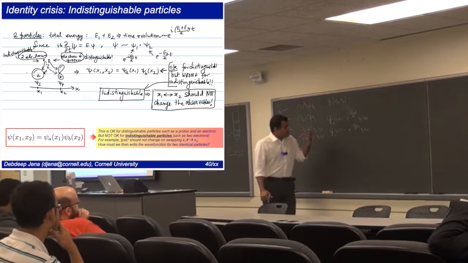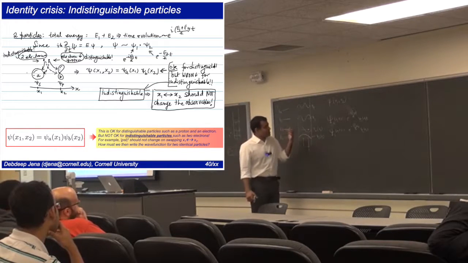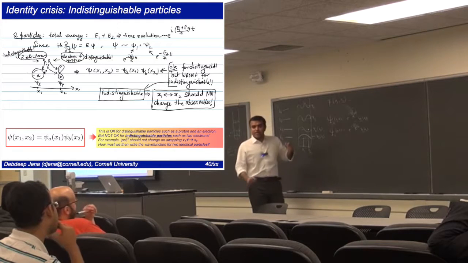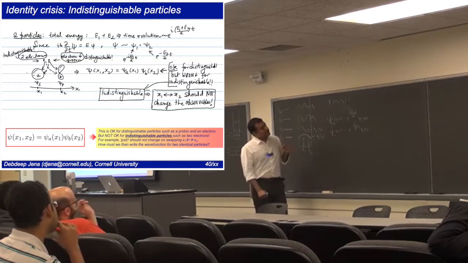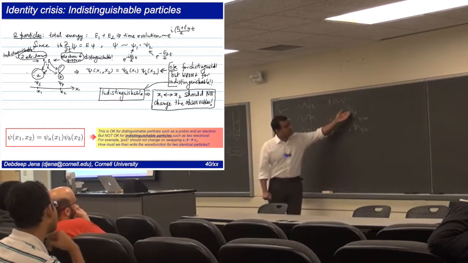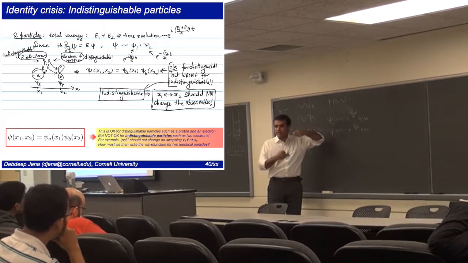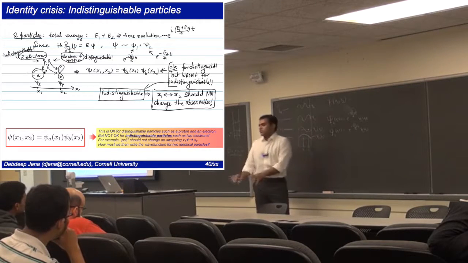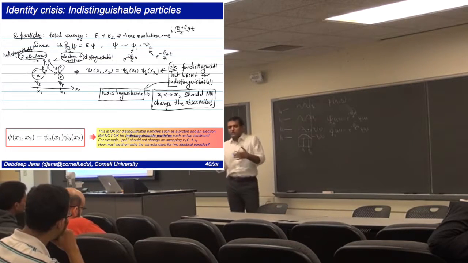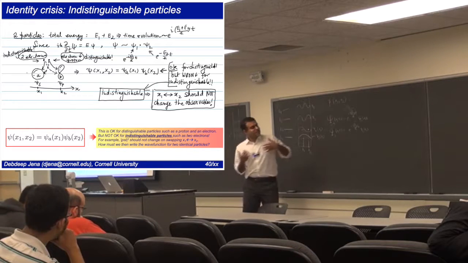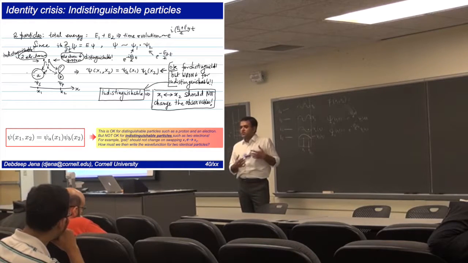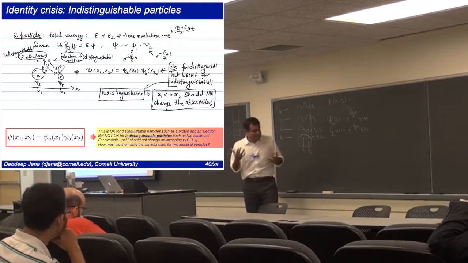You can see that there are some issues in this process, because what if they're interacting particles? What if they have very strong interaction, and because of the interactions the total energy is E1 plus E2 plus something, or minus something if it's an attractive rather than repulsive interaction? Let's keep that complication for a little later. That's what will start pushing us towards correlated effects, and when particles get correlated.